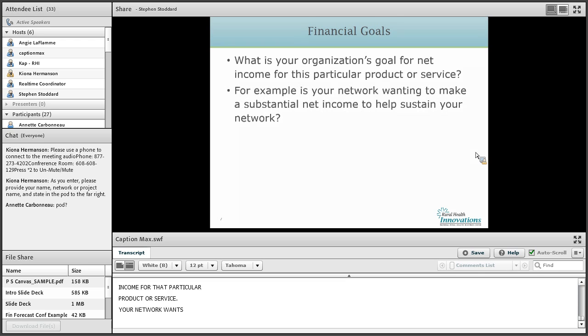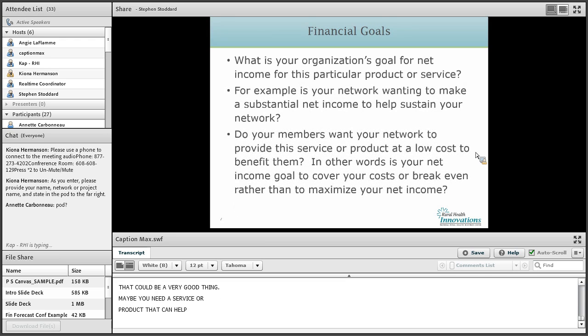So it's important when you're starting out and looking at your financial forecast to keep in mind what your goals are. And of course, one of the questions is, what is your organization's goal for net income for that particular product or service? As an example, is your network wanting to make a substantial net income to help sustain your network?